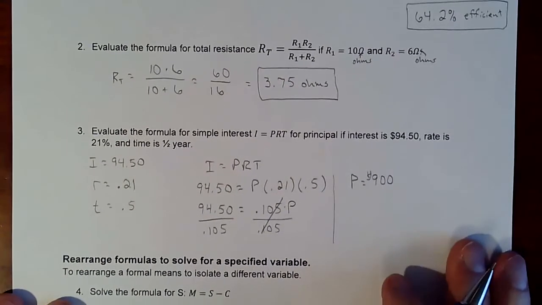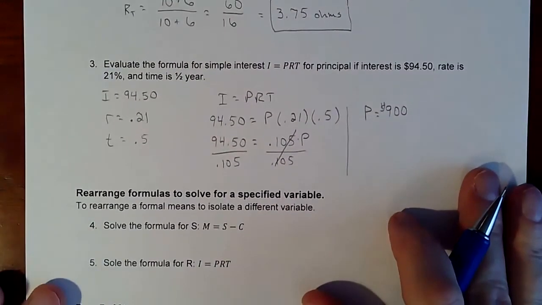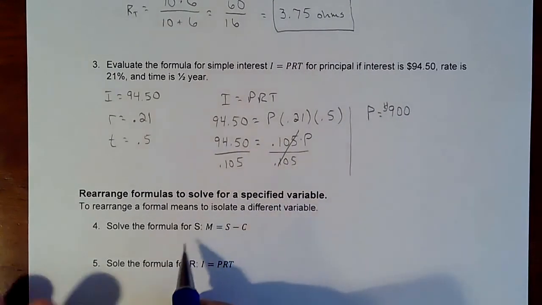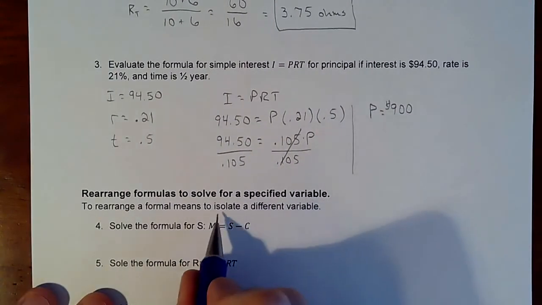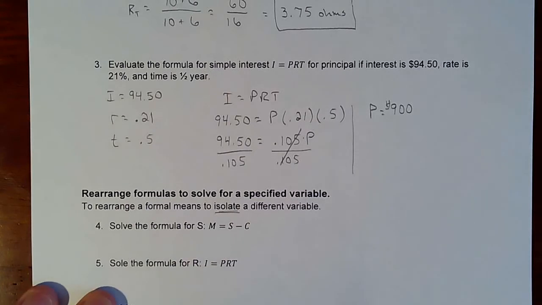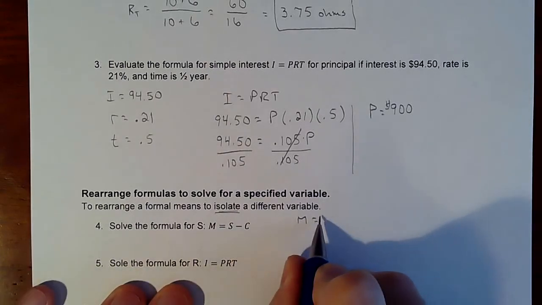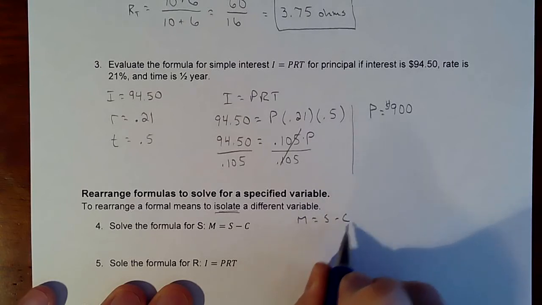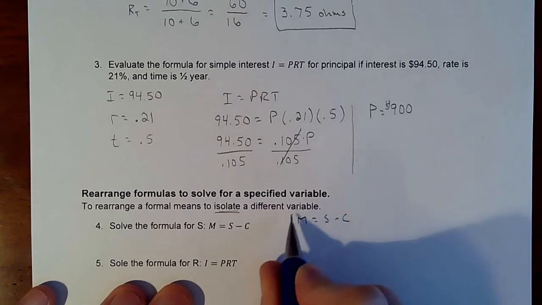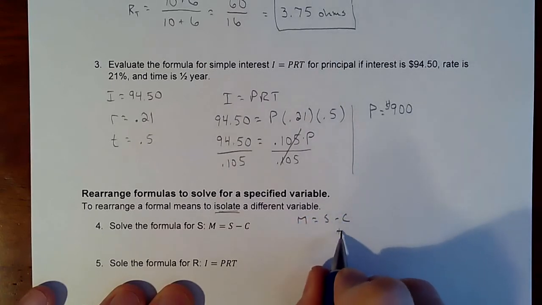Okay. All right, and then last couple is we are trying to solve for a specific variable. So we're trying to isolate. If this is the one that we're trying to solve, we're trying to get S by itself. So anything that's not an S, we want to get out of there. This subtraction of C, we want to bump over to the other side. We want to undo it.